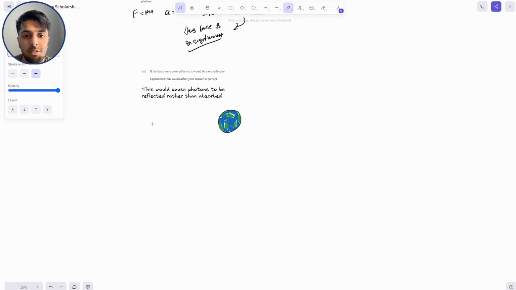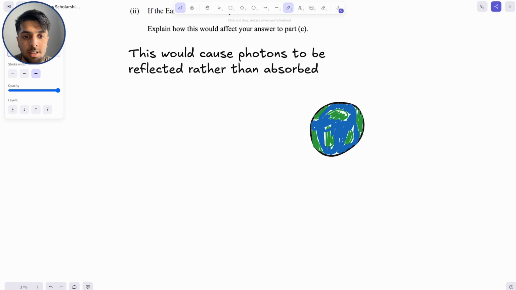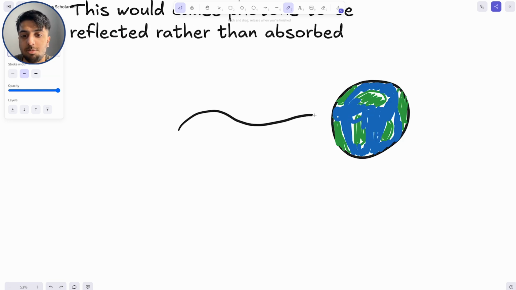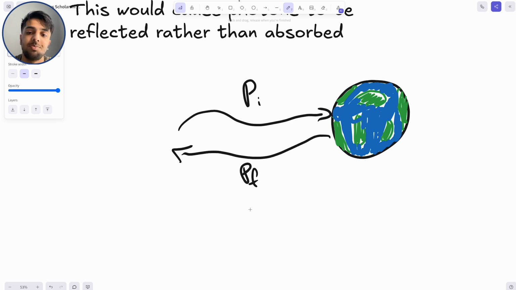A photon comes along with a momentum, let's call this P initial. Because it is covered in ice, even though this Earth is not drawn covered in ice, I forgot to add that, but pretend it is, the photon is reflected directly back, so we can call this P final.